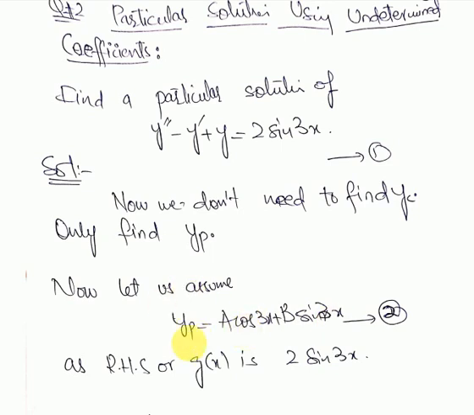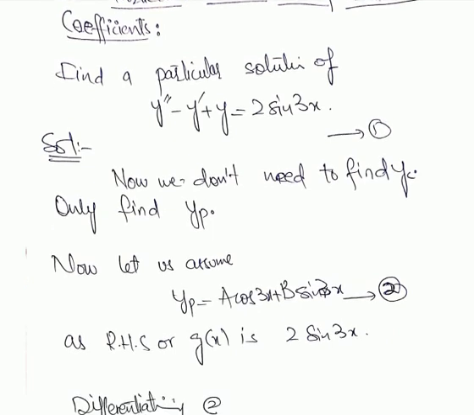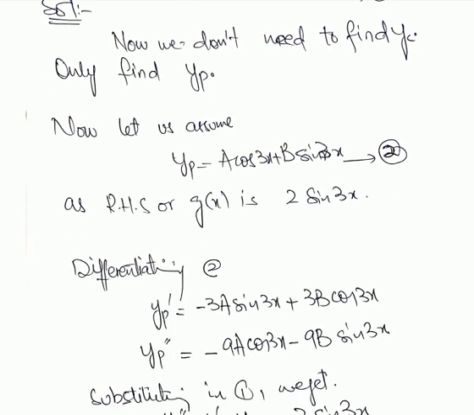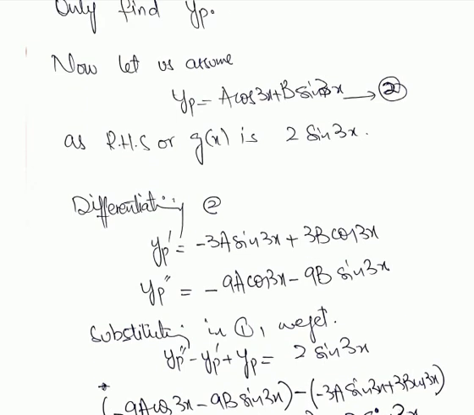The right hand side, or g of x, is 2 sine 3x. Now what will we do? We will differentiate.